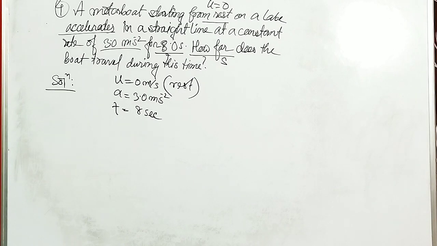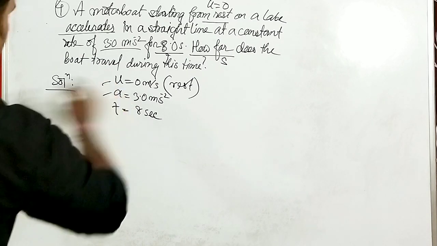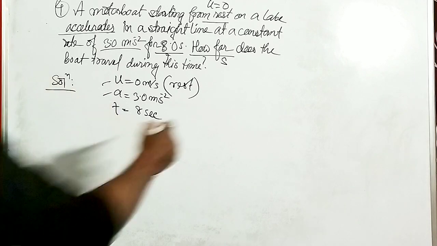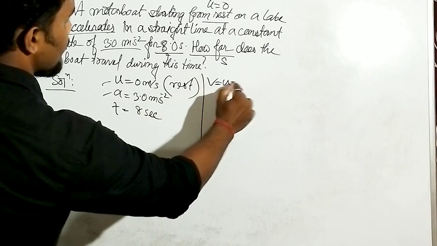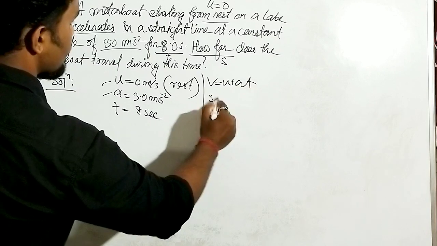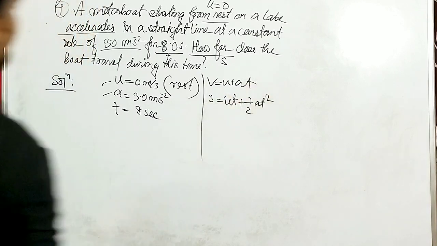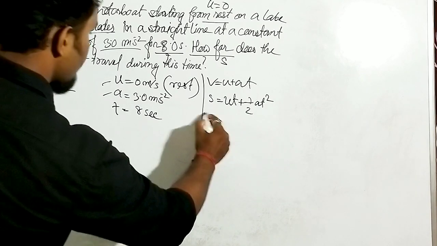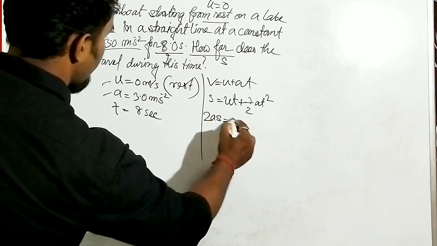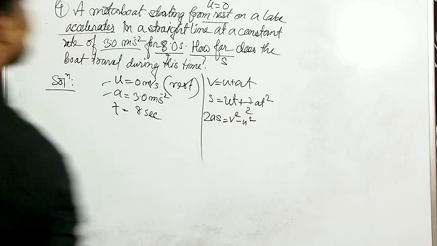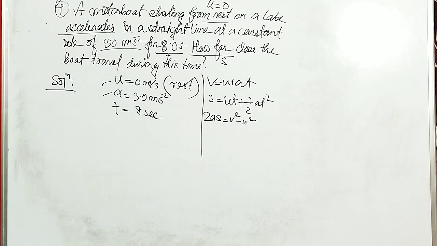So u is given, a is given. We have 3 relations: v equals u plus at, s equals ut plus half at square, and 2as equals v square minus u square. Now, we don't need to find the final velocity; we only need how far the boat traveled.